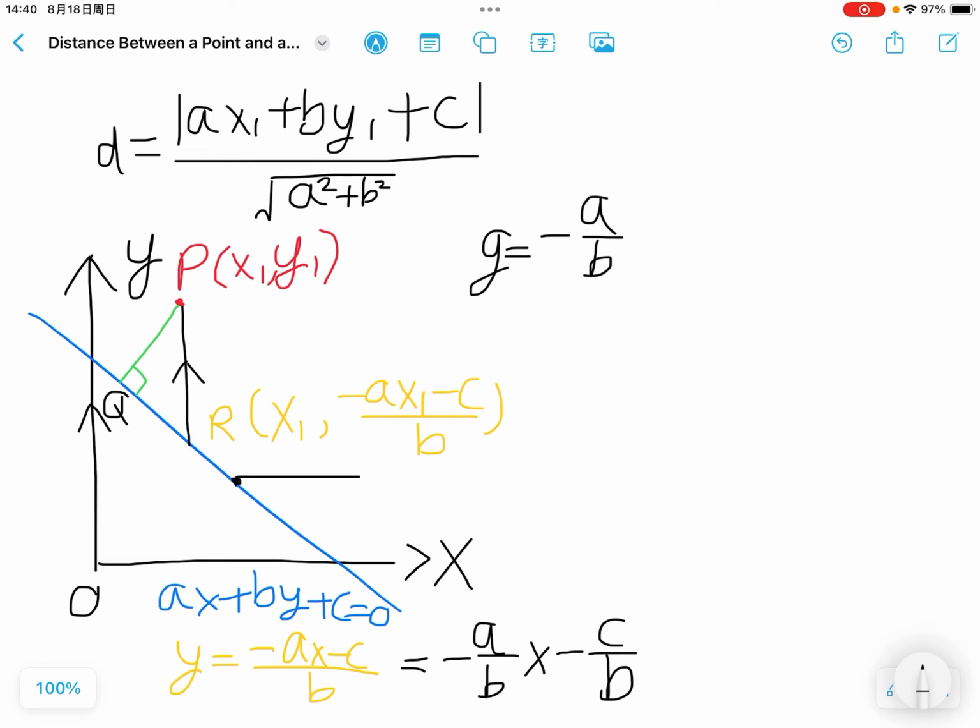If I move b units in the horizontal direction like this, then what do I get? Well, my resulting point here is this. So I've moved b units in the horizontal direction and negative a units in the vertical direction. So this length here is going to be the absolute value of negative a. This length here is the absolute value of b.